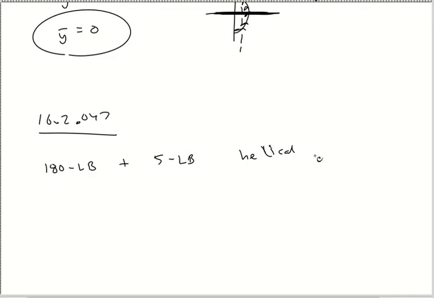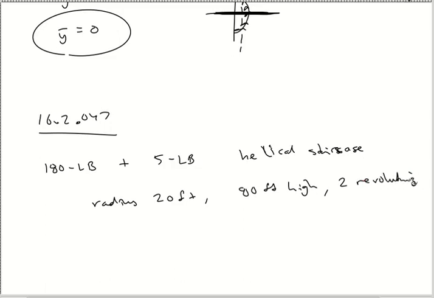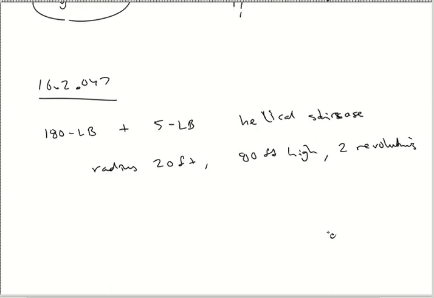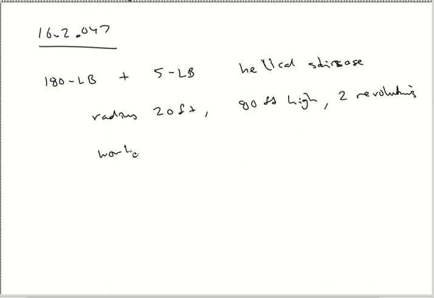It has a radius of 20 feet. It's 80 feet high. And there's 2 complete revolutions to get up to the 80 feet, I was assuming. How much work is done by gravity, basically.